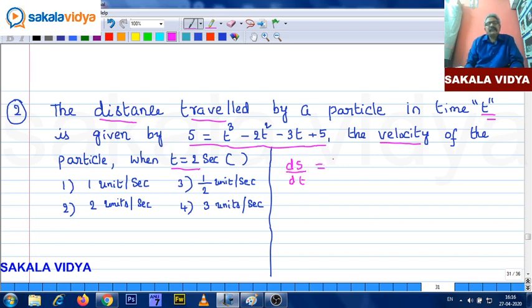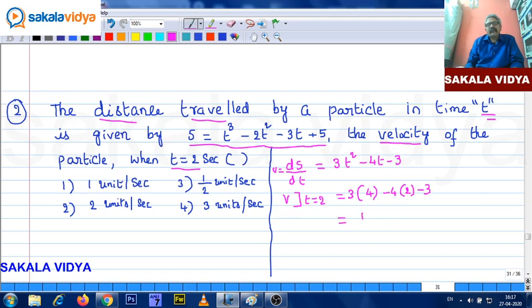Differentiate both sides with respect to time, we get 3t square minus, t square differentiation is 2t, so 2 into 2t is 4t, minus 3, and plus 5 differentiation is 0. So, this is the velocity v. Now, we need to find v at t is equal to 2 seconds, that is 3 into 2 square, 4, minus 4 into 2 minus 3.